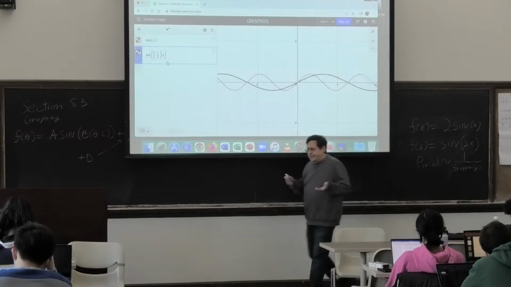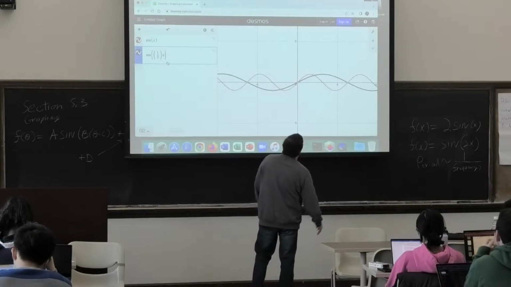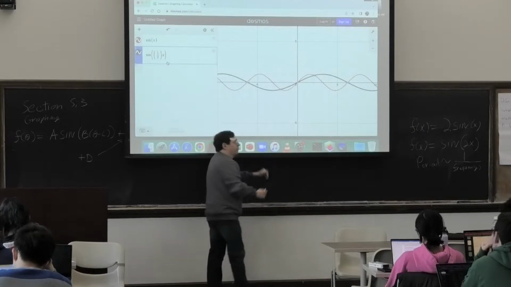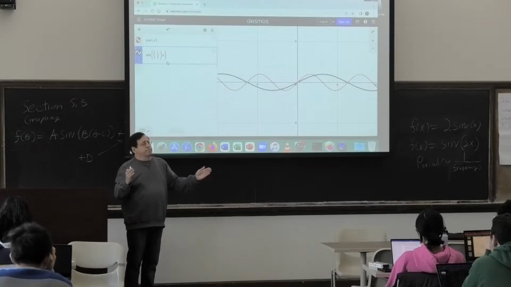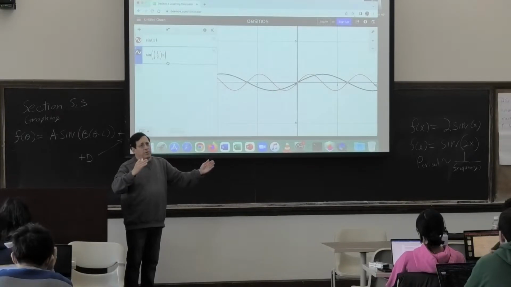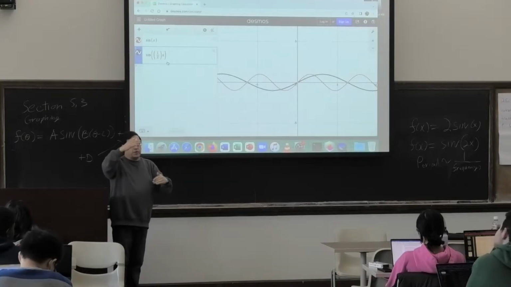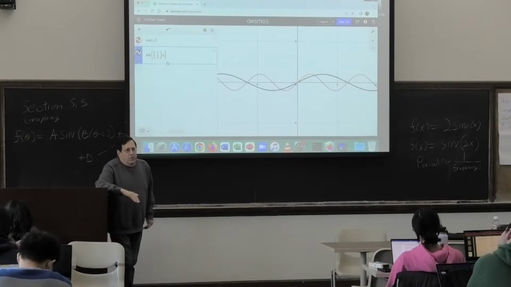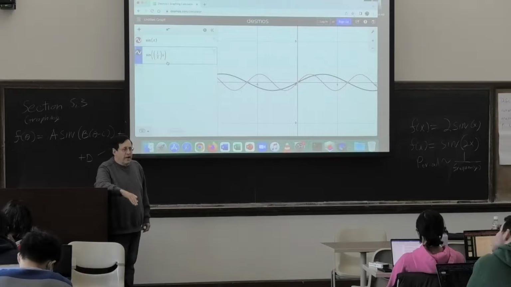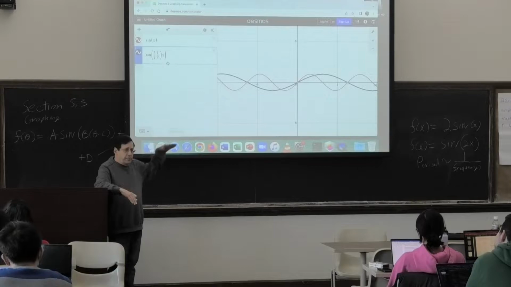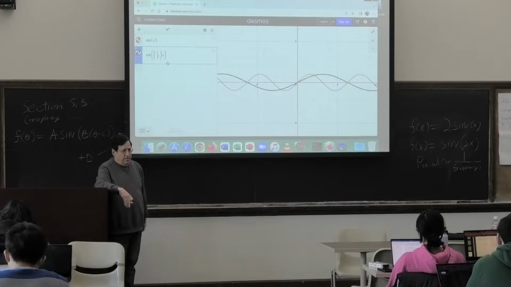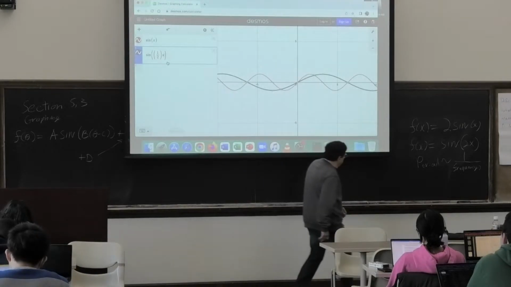Well, the period is distance per cycle, or x values per cycle. So the frequency is cycles per x value. Now, you're most likely going to run into that in some kind of time where x is a time scale. So a more common term is cycles per second, which has another name, I guess we'll just throw out here.